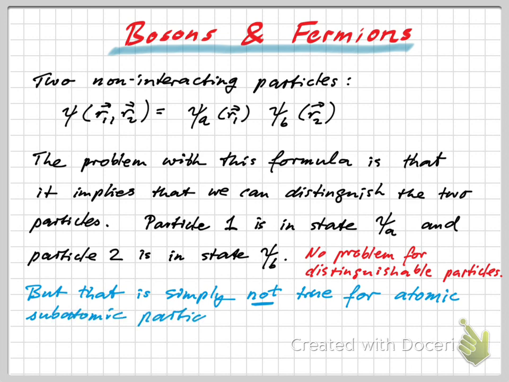When you look at subatomic particles of the same kind, like electrons, protons, and so on, they are basically indistinguishable. You cannot tell one from another. Okay, they're completely indistinguishable. In classical physics, you can say two things are indistinguishable.